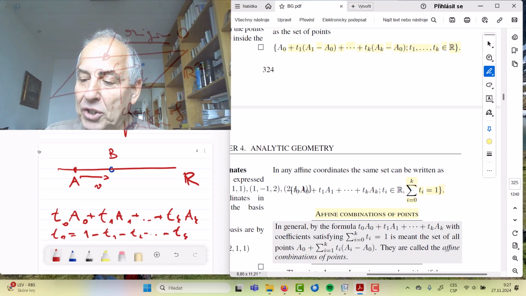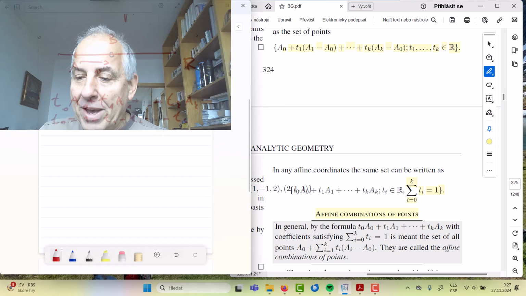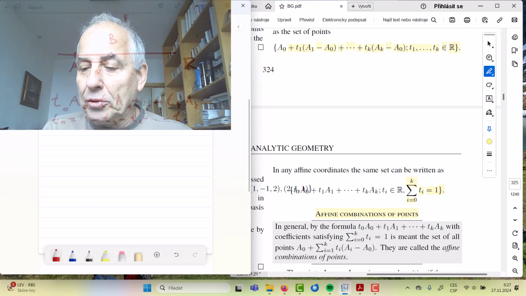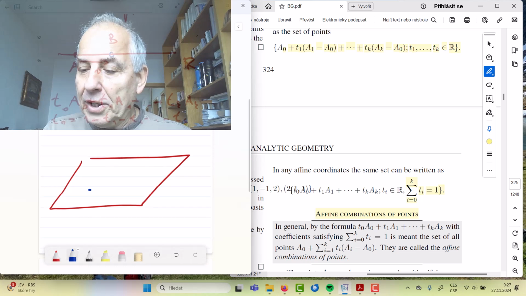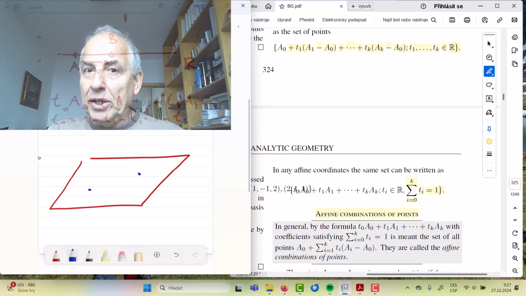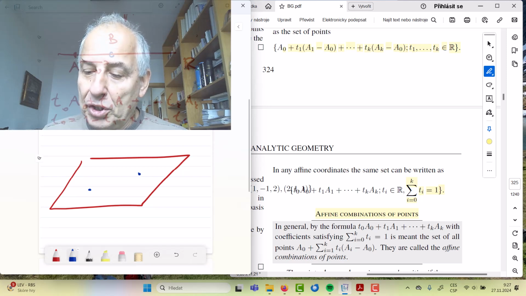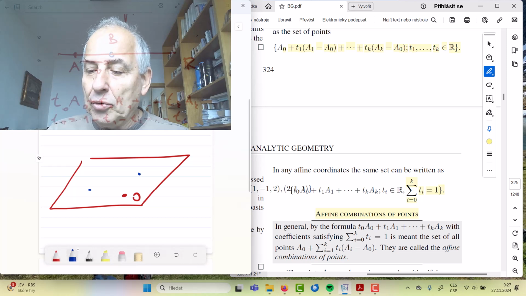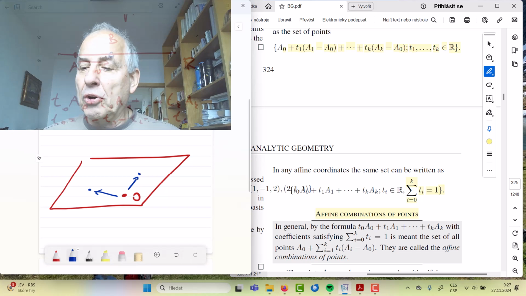So you can imagine it in low dimension, right? So say we are in the plane and I have got, say, 2 points only, and now I take the linear combination. So the origin will be somewhere here. So that's the origin, right? So I've got 2 vectors here, and I take their linear combination, right?